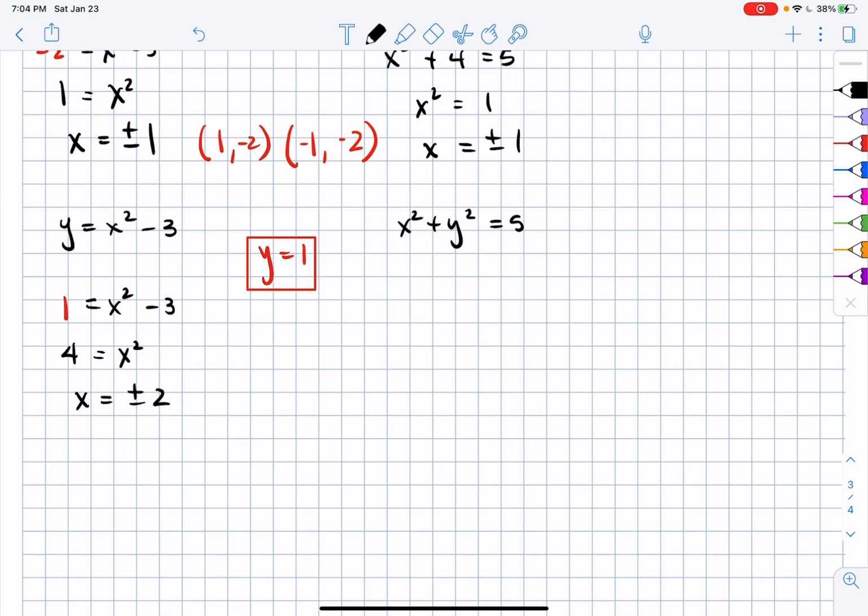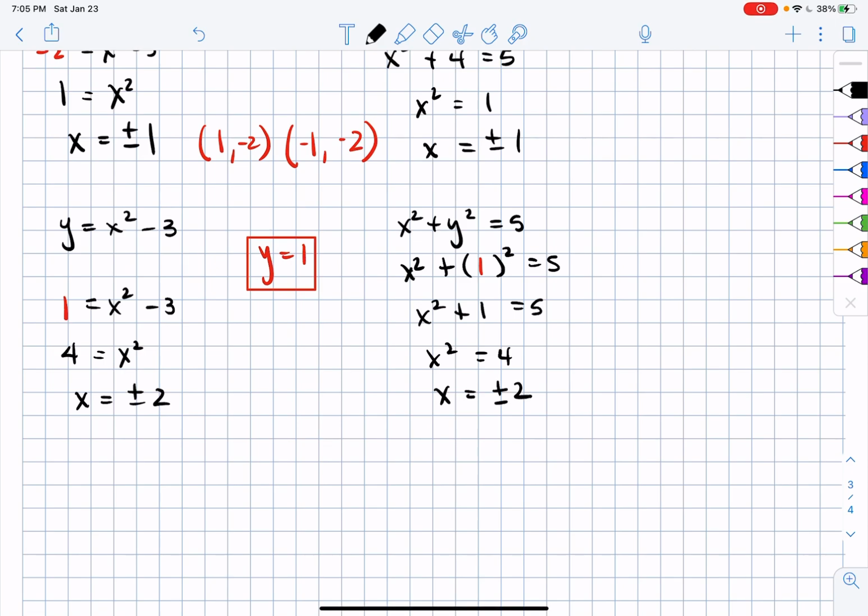Over here, same thing. I have x squared plus 1 squared is equal to 5. 1 squared is 1, so I have x squared plus 1 equals 5. X squared, subtract the 1, is equal to 4. So when I take the square root, I need to do the plus and minus 2.